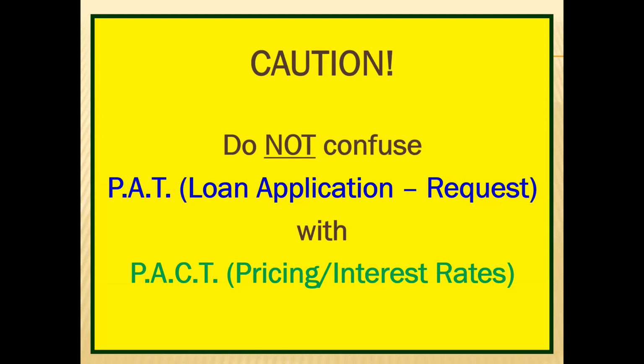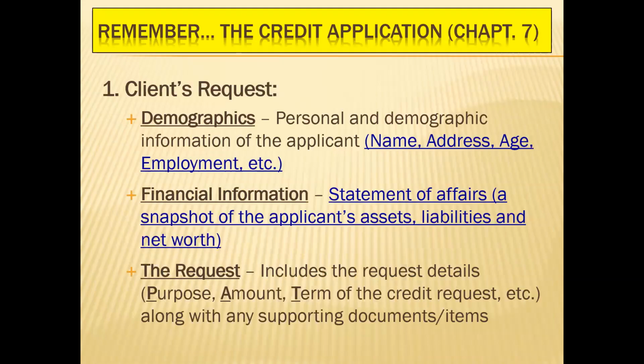Another thing to watch out for: do not confuse PAT, the loan application, that is for the request, with PACT, pricing or interest rates. And just for clarification, when we look at PAT, the client's request, demographics and financial information are under request.